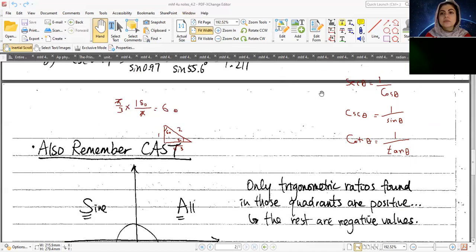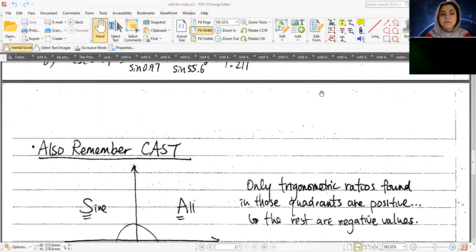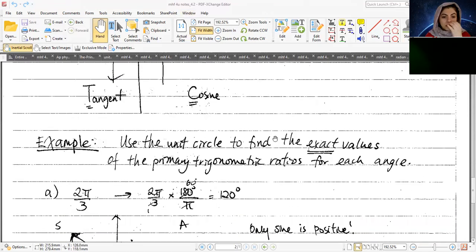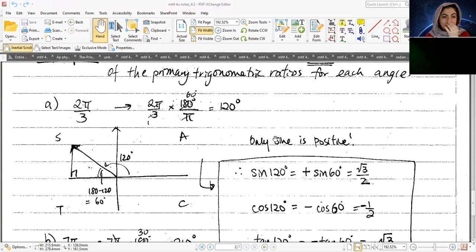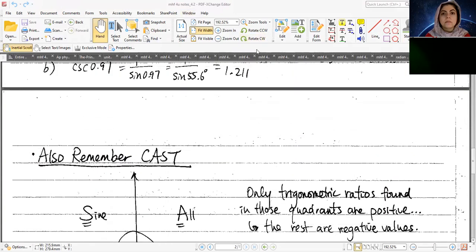Now this is the CAST rule. I'm going to clear that. Okay, I need to explain the CAST rule for you guys. If you have this unit circle, and here is the angle theta, this point on the unit circle has an x and y.